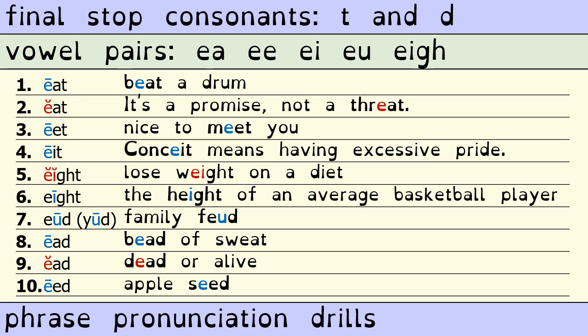Conceit means having excessive pride. 5. Ait. Lose weight on a diet. 6. Eight. The height of an average basketball player.